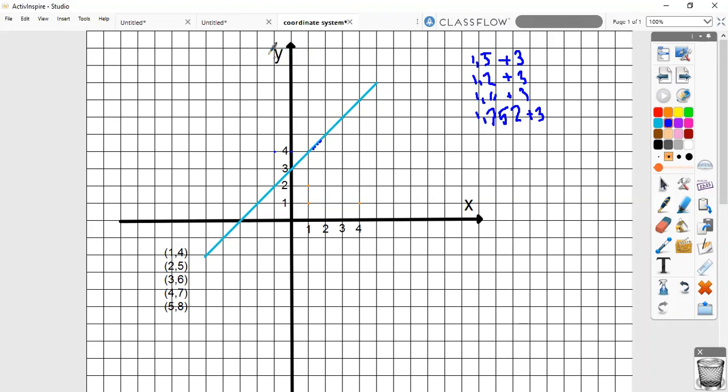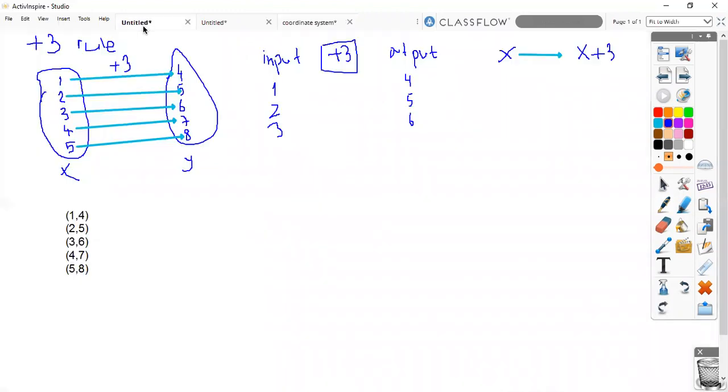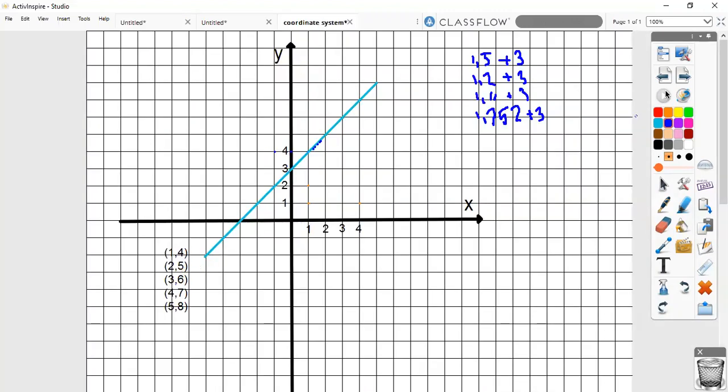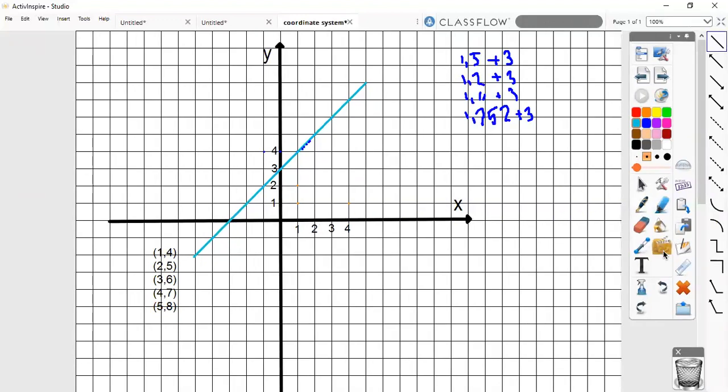Now as you see, we use the first way, second way, third way, and this is the fourth way, drawing the line. And let's say the fifth way will be making a table for X value and for Y value.